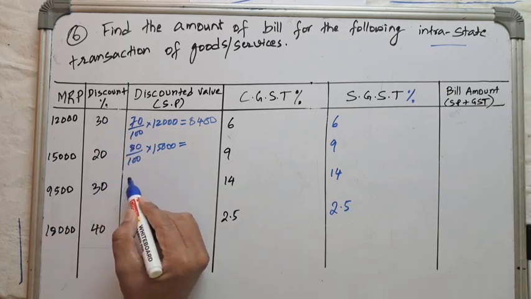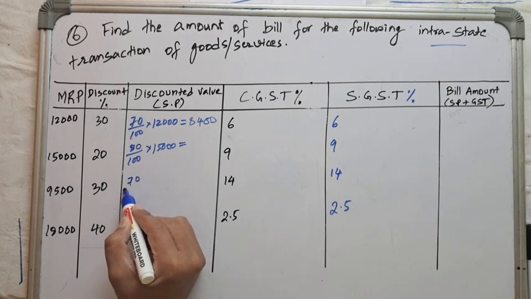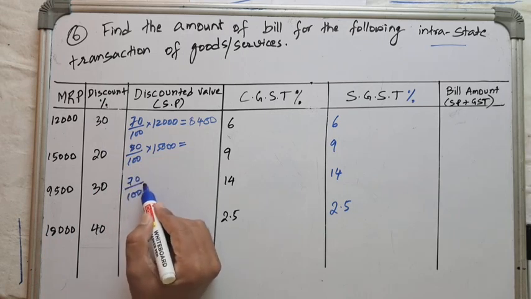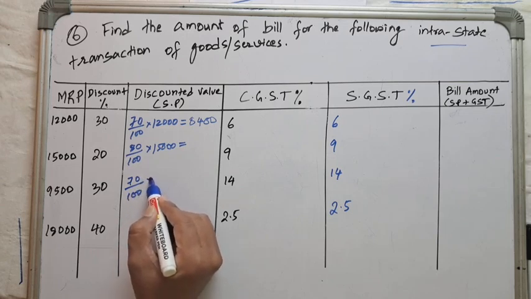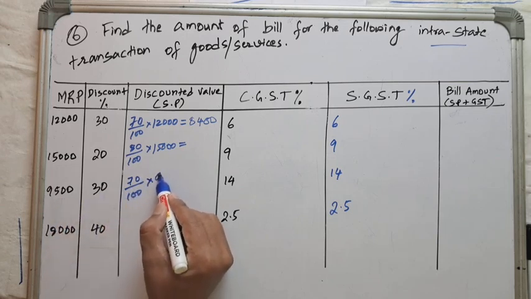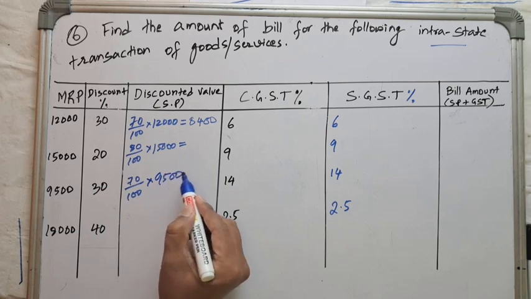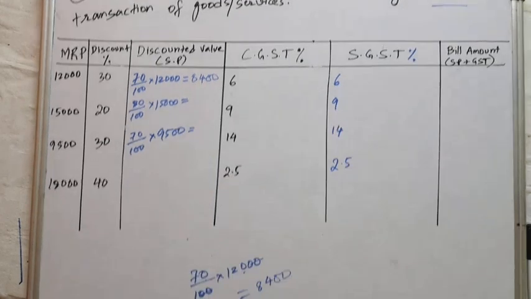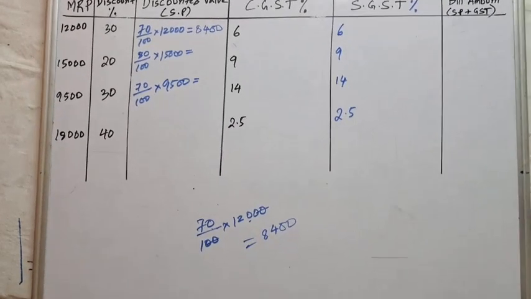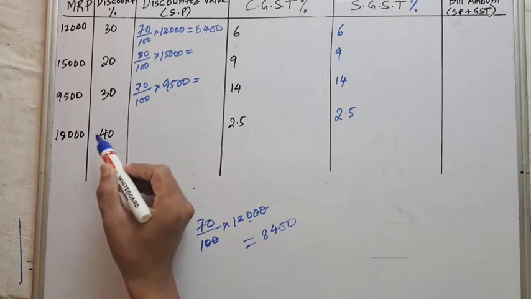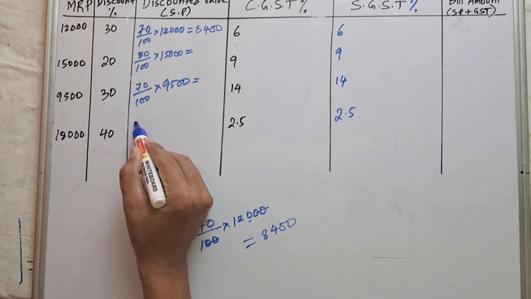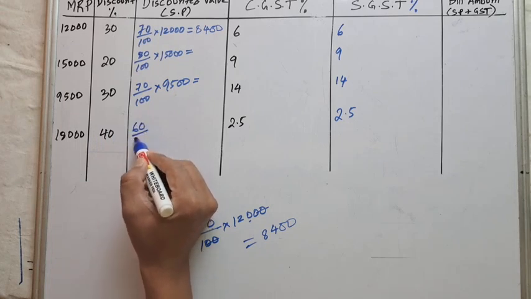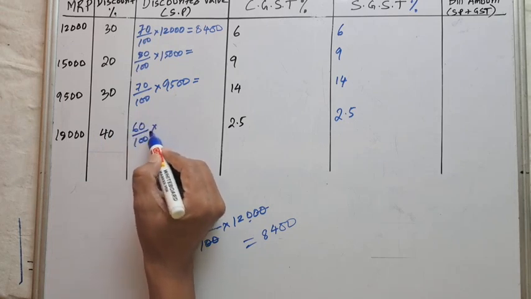So selling price will be 70%, 70% means we write 100 in the denominator, into 9,500. Similarly, MRP is 18,000, discount percent is 40%, so selling price will be 60%, 100 minus 40 is 60% of 18,000.